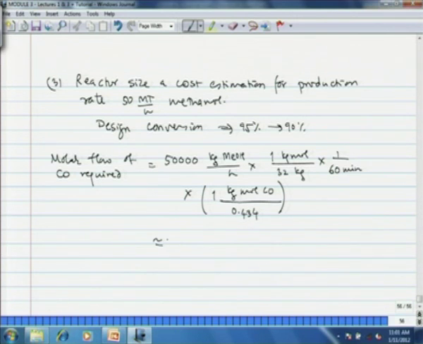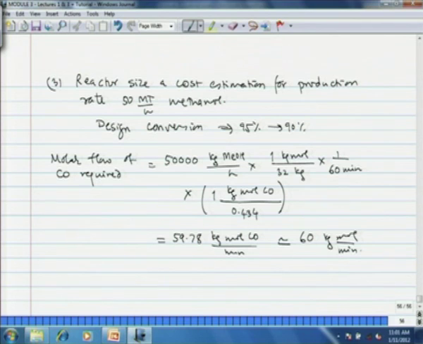This turns out to be something like 59.78 kg mole CO per minute, which you can further approximate as 60 kg mole per minute.